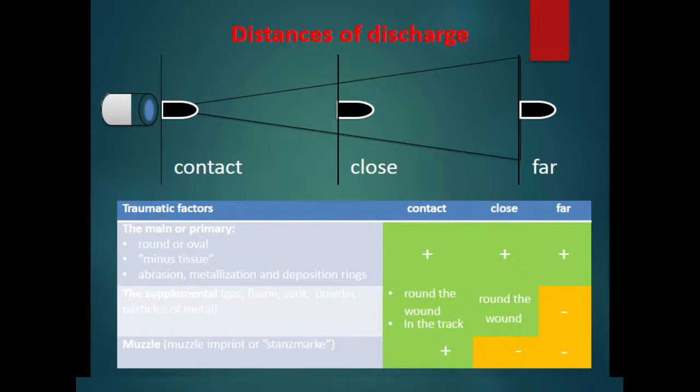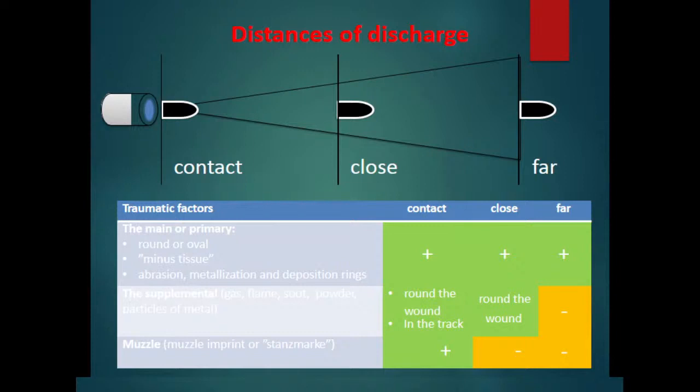For a particular weapon using particular cartridges, yes, this is possible. The distance of shot helps us to understand how close the shooter was. So for forensic purposes, as I've said, there are three distances: a contact one, a close one, and a long one, a far range shot.